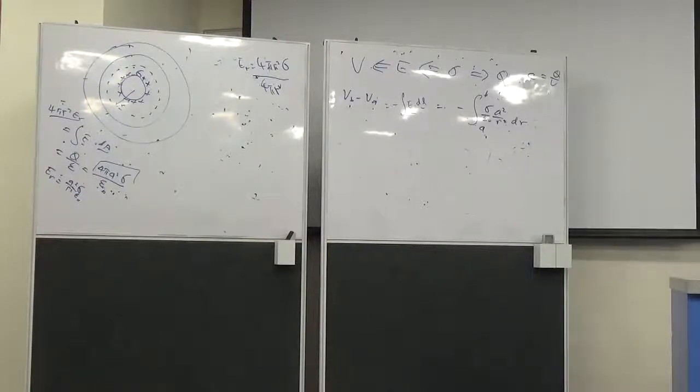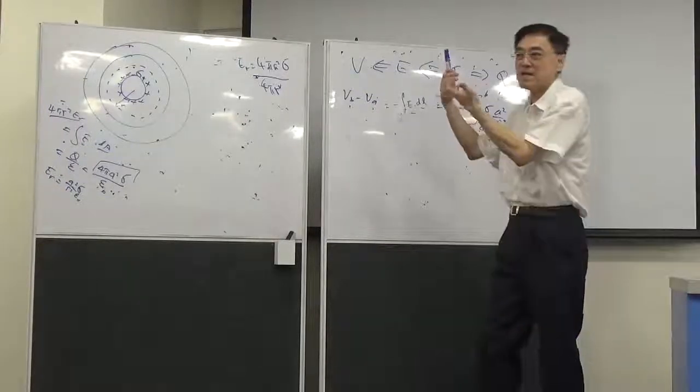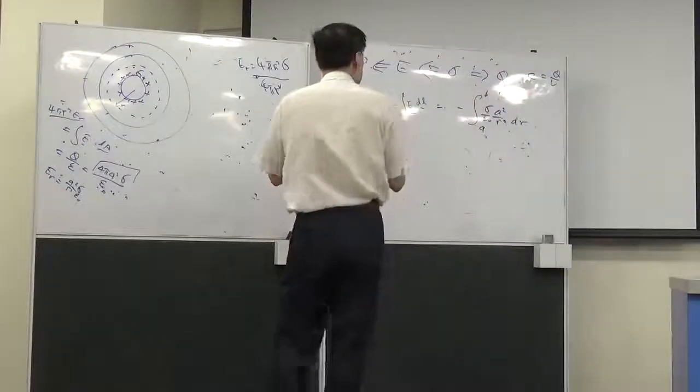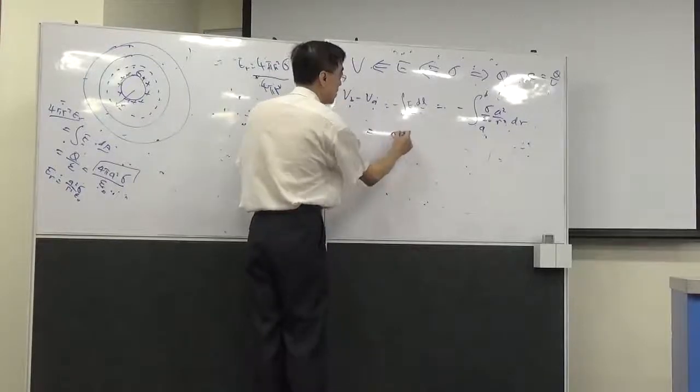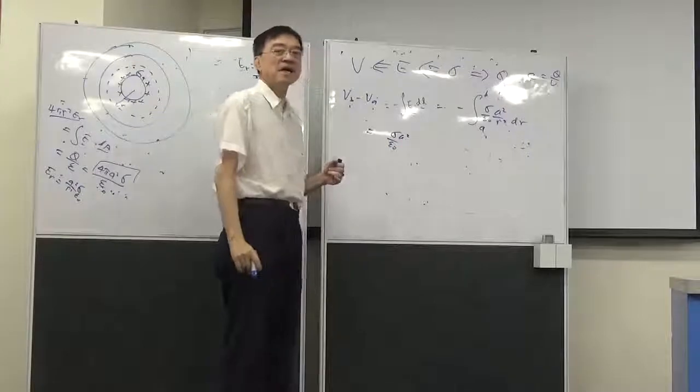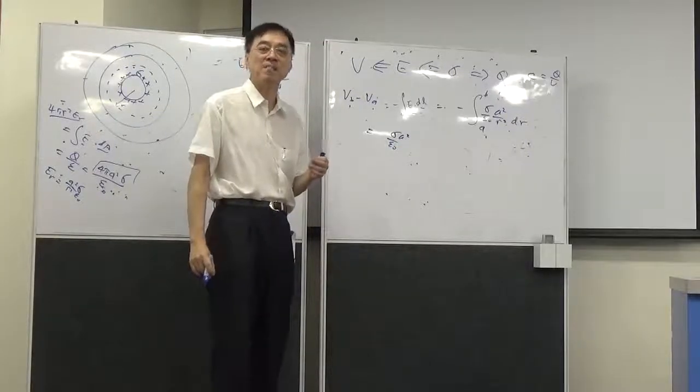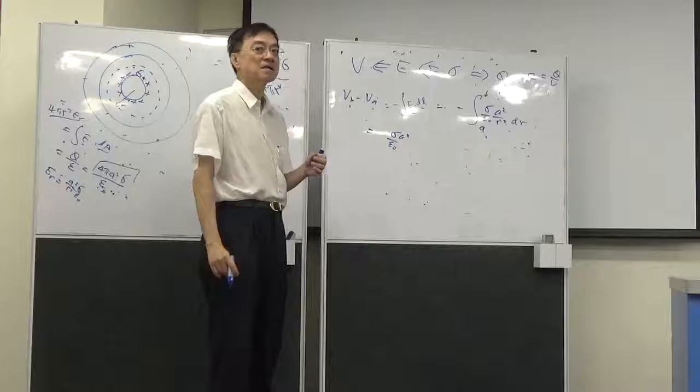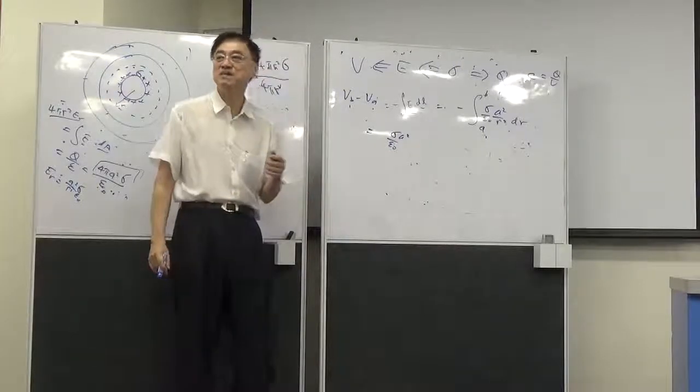That means the potential can be the other way around. No problem, so I just do my integration like this. If it's negative, so be it, no big deal. So this is equal to sigma over epsilon naught a squared. Integrating r to the power minus 2 becomes r to the power minus 1. Let me see, do I have to divide by the minus 2?